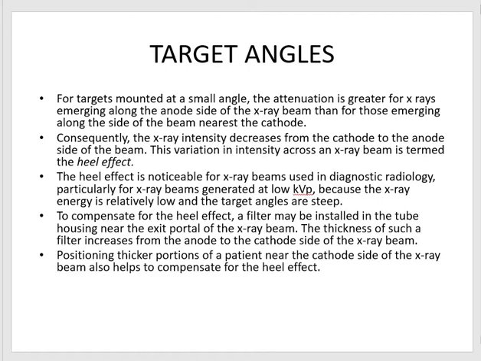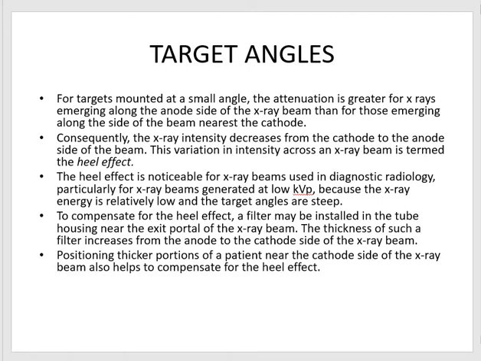In the first section of the topic, I introduced and explained target angles and how they affect the anode heel effect. The anode angle basically refers to the angle the target surface of the anode sits in relation to the perpendicular to the filament.